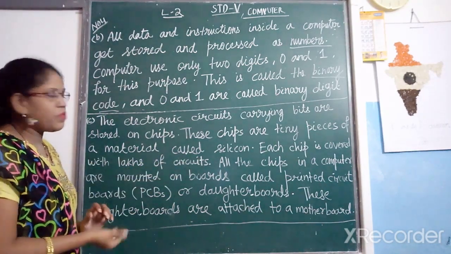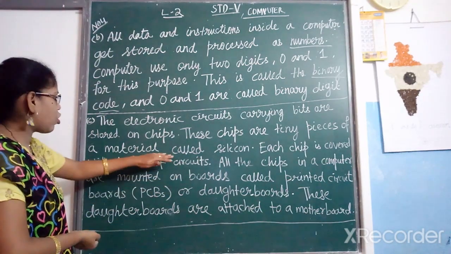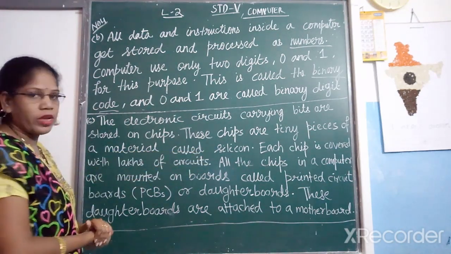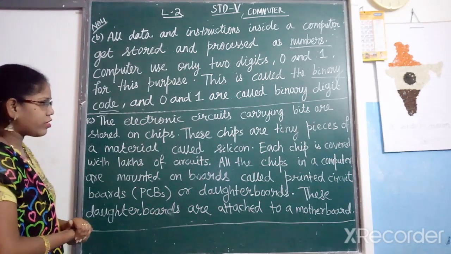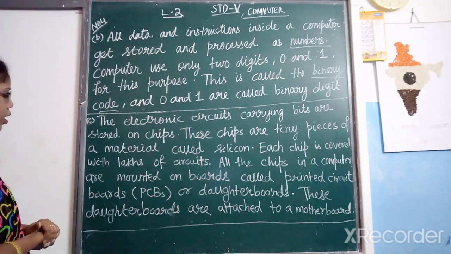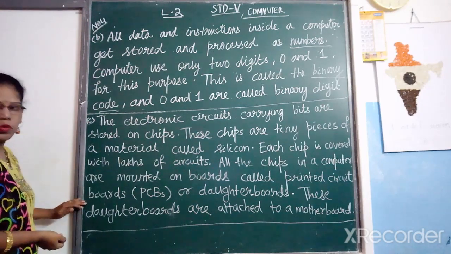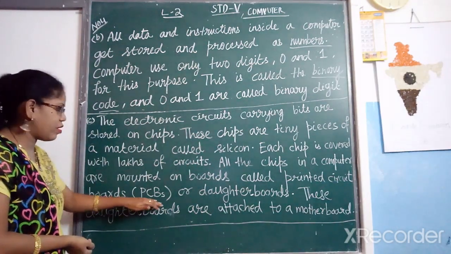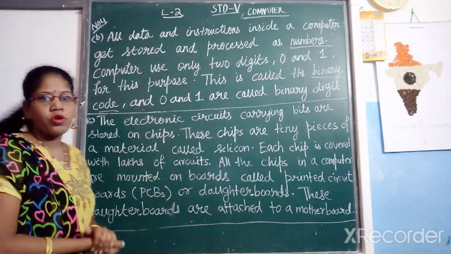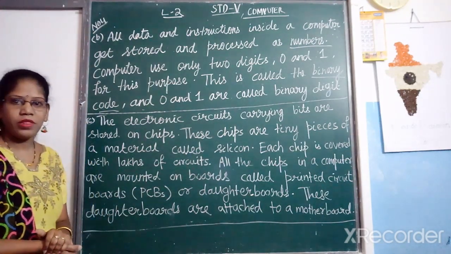Okay, the chip is made up of silicon. Each chip is covered with lakhs of circuits. All the chips in a computer are mounted on boards called printed circuit boards, in short PCBs or daughter boards. These daughter boards are attached to a motherboard.